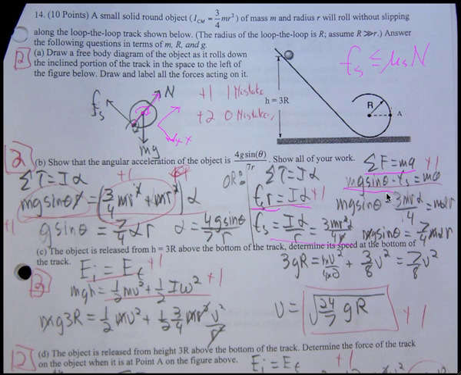And so mg sine theta is the positive x force. Friction is a negative x force. That equals ma. a is alpha r. So I substitute for that. And I have an equation for friction here. So I put that into there and simplify it, and I get what they asked for.